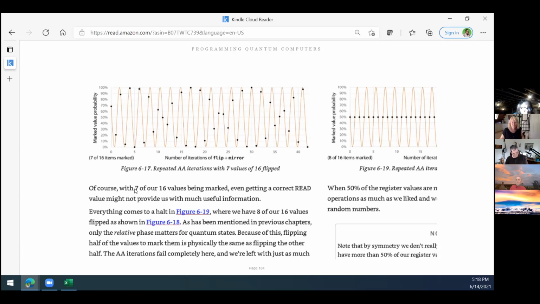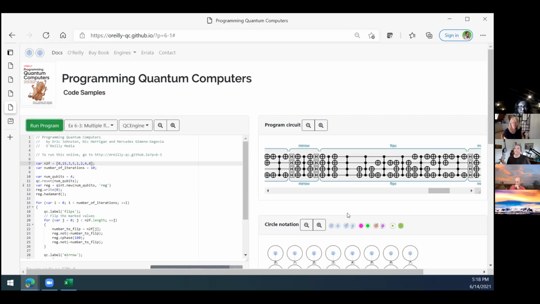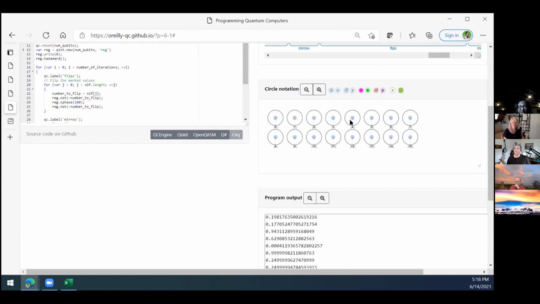We have a really good chance of getting 1, but because there's 7, maybe it's not as useful because there's so many, I don't know. But then the interesting thing happens, at least with 8. And with 8, it just all falls apart. So now we just end up with a 50% chance of anything, marked or unmarked, getting hit.